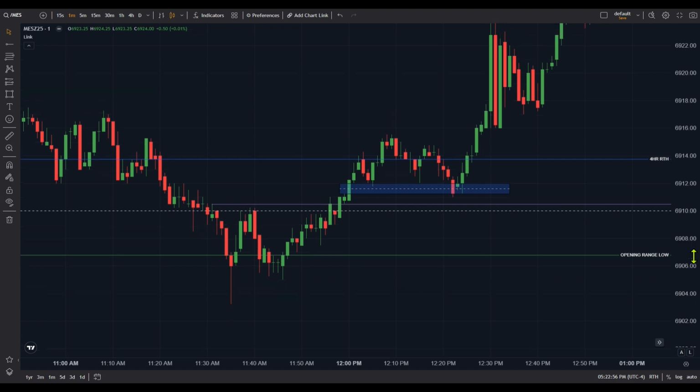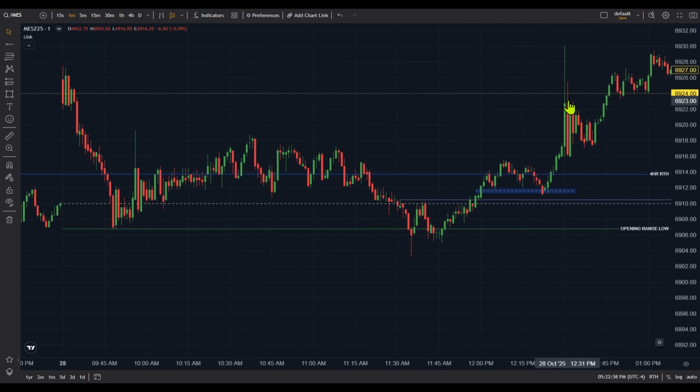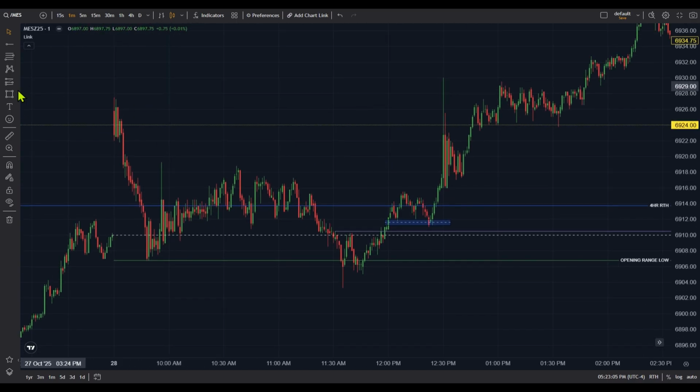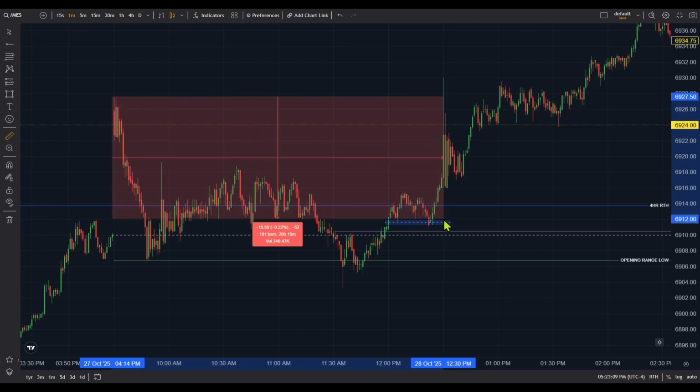And what did it do for the rest of the day? It did a little bit of scary stuff right there. It made you think, well, maybe not. High of the day profit target on one micro. Let's see what it would have been. Looks like 16 points at $5 a point. Man, I don't know if I can do this kind of math.